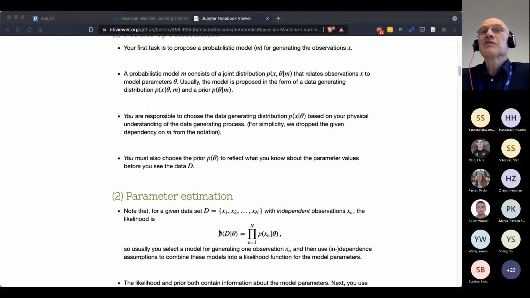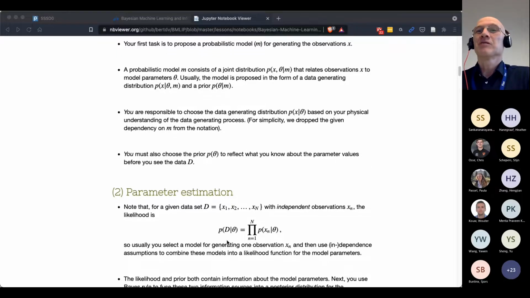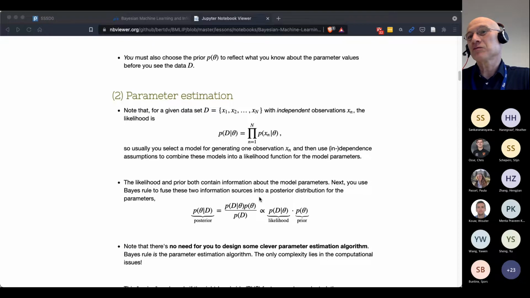So, for instance, if you want to do what's often called machine learning, namely learning your parameters, updating the parameters of your model, well, you can just use Bayes' rule. Right? Bayes' rule is nothing other than a reincarnation of the product rule of probability theory.